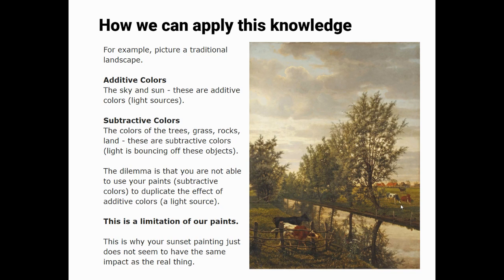These items such as the cow, the trees, the houses, the fence, those are subtractive colors, okay? The grass, even. The reflection of the sky in the water is an additive on top of a subtractive, okay? Because the water itself is subtractive, but it's reflecting.